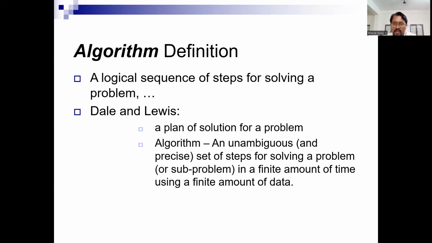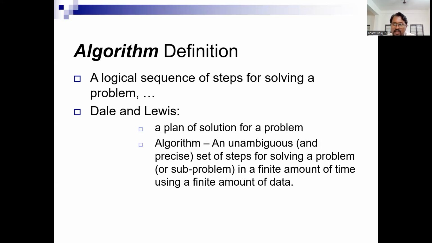Precise means very short, a direct way of giving a solution. The set of steps must be without confusion, that is unambiguous and precise, short and sweet, for solving a problem in a finite amount of time.